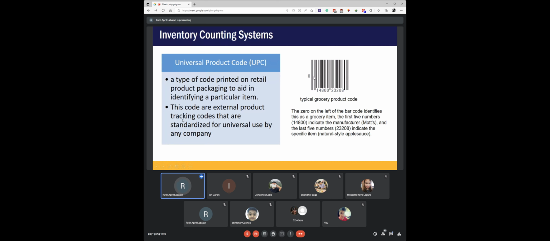So, kaning 0 here, it's just a code to tell you na, oy, that's our grocery product code. Okay, the first 5 numbers is a code for the manufacturer. In this case, attributed siya sa MOTS daw na company. And then the last 5 numbers here is a code to tell you that it is a specific item, which in this case is a natural style applesauce. Okay?